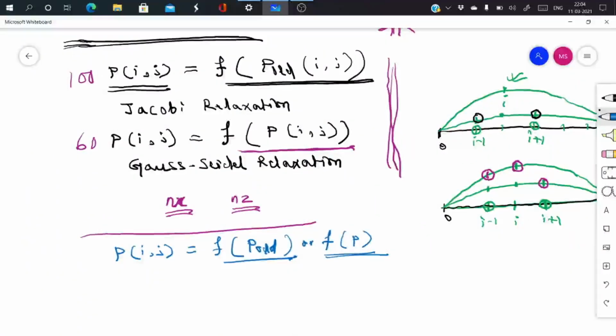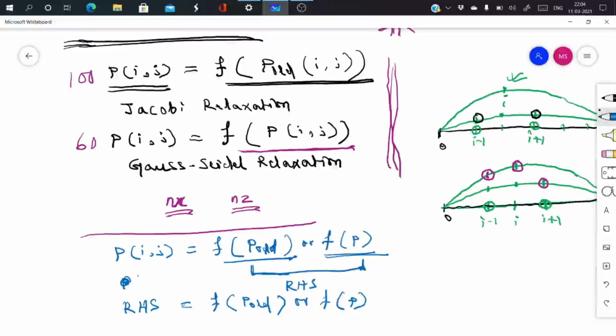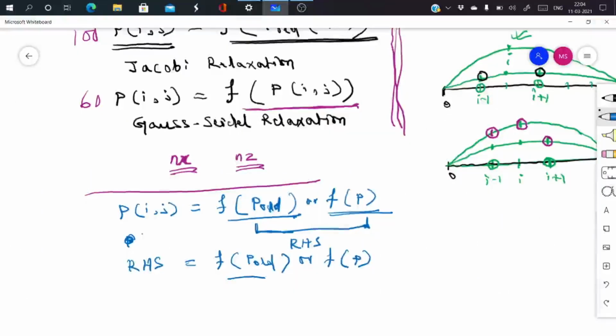Let us name this right side part, whatever you are getting on the right side, as RHS. So the RHS is equal to a function of P old or a function of P, depending on whether you are using Jacobi or Gauss-Seidel.